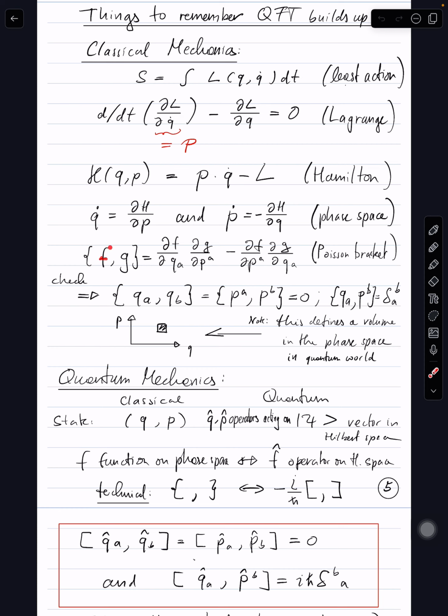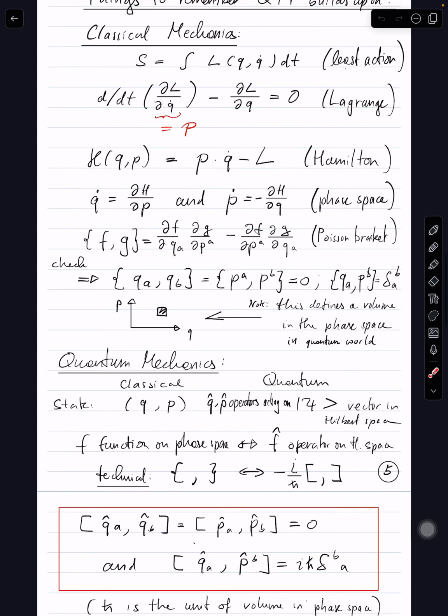So for quantities f and g, the Poisson bracket is defined by these derivatives of f and g with respect to positions and momenta, subtracting the flipped derivatives. Here f is differentiated with respect to q and there with respect to p, and vice versa with g.